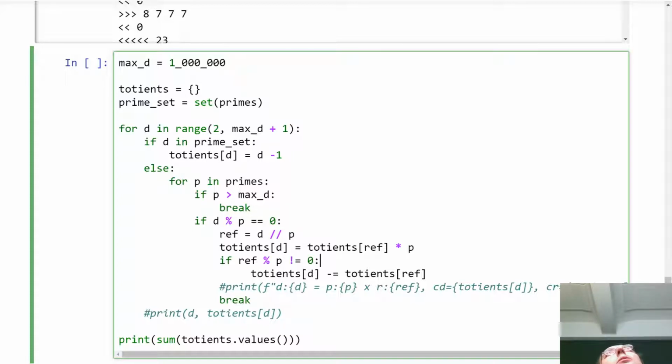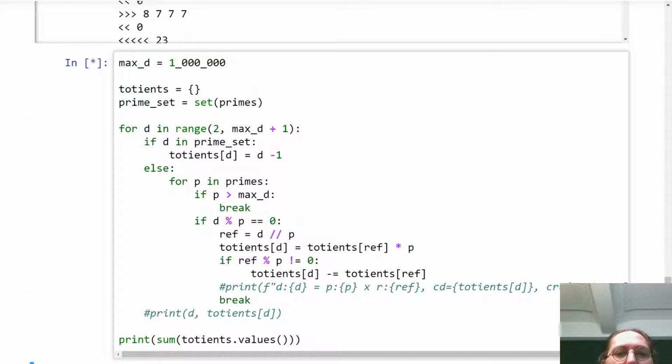I don't think so. It's the first time that the factor p occurs. That means that ref mod p is. This is the p minus 1 case. Yeah, that is alright. We can remove different to 0, just if ref mod p, that's it.